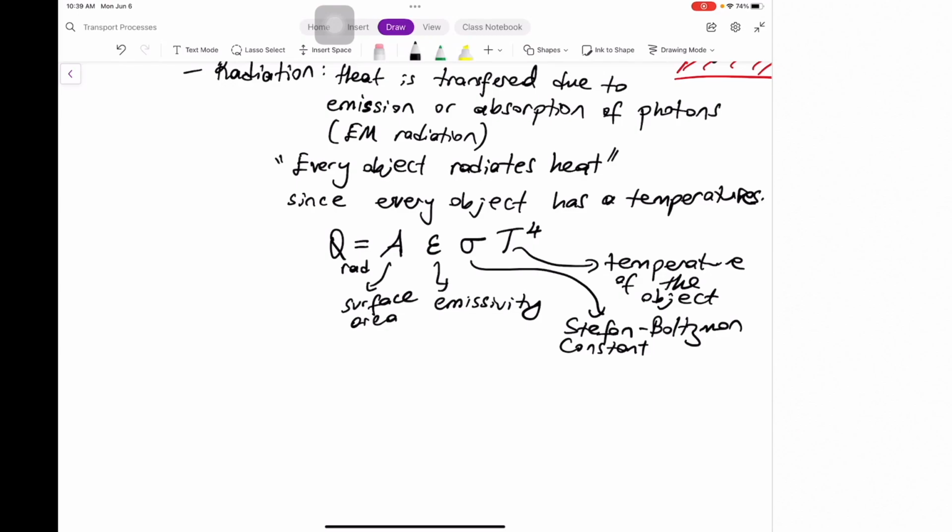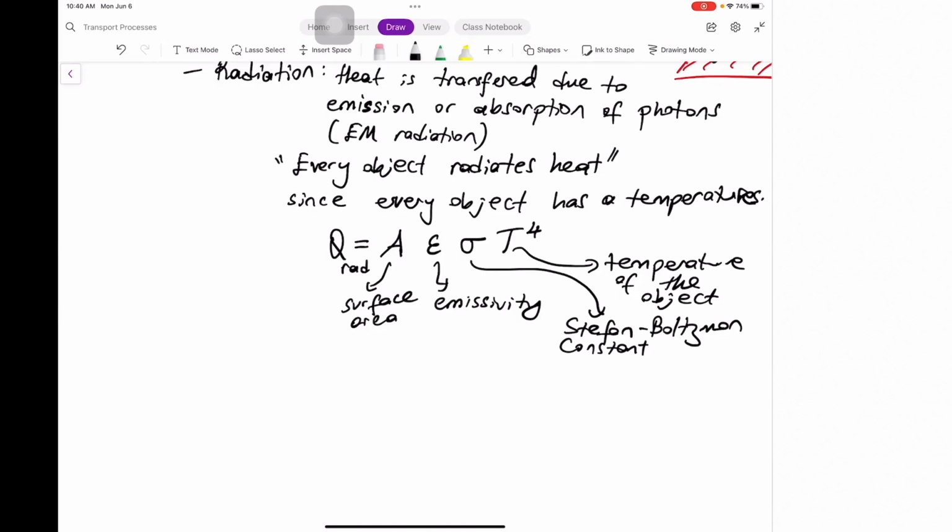First, the temperature is not high enough, so I don't have enough photons to be able to see. The second reason is the peak wavelength that it radiates is not the visible wavelength. But if you increase the temperature of an object, then you start to actually see those photons.